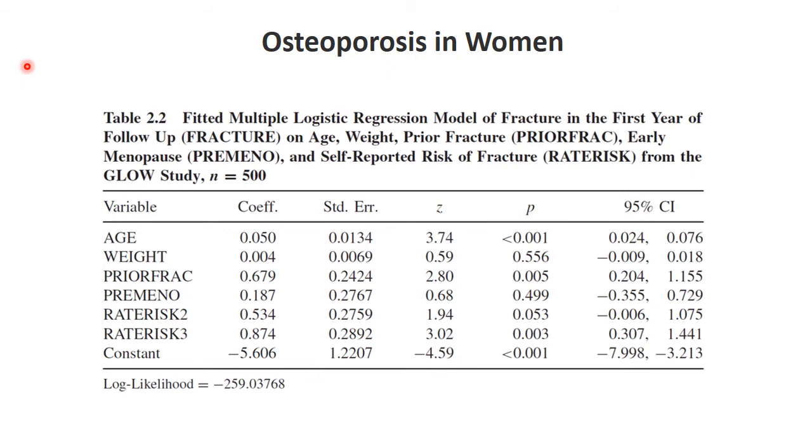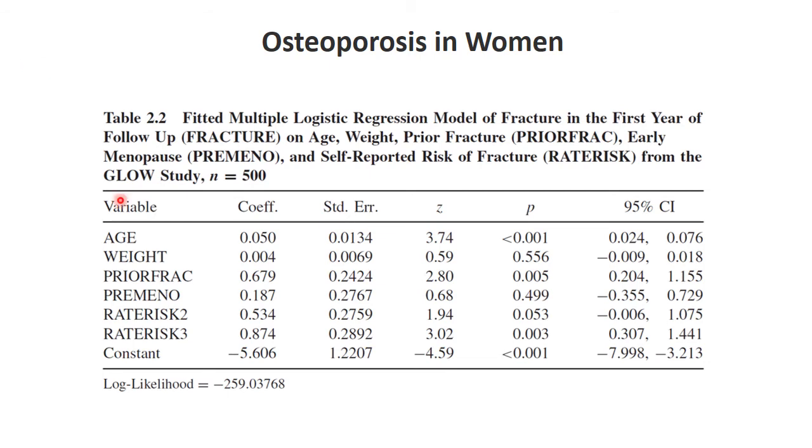Otherwise, everything works the same way. Here's an example of osteoporosis in women. There are a number of variables such as age, weight, prior fractures, since osteoporosis leads to bone fracture, and whether it's menopause or not, etc. Then we can calculate again the logistic function, the logistic model, by calculating the various coefficients, their standard errors, and looking at the z statistic.